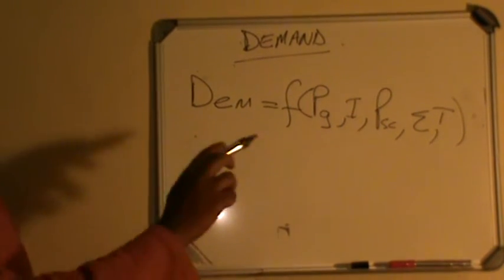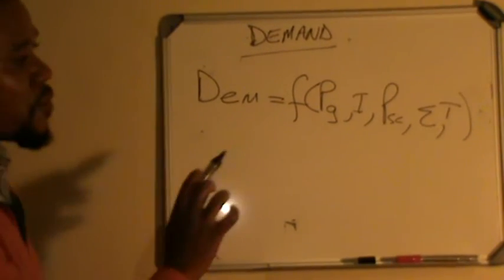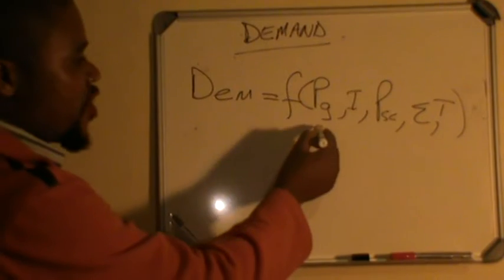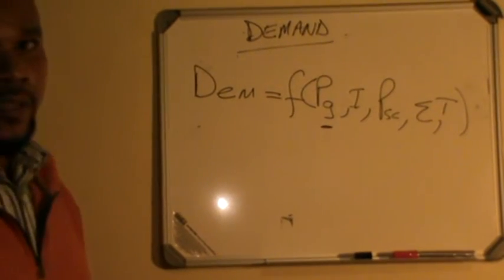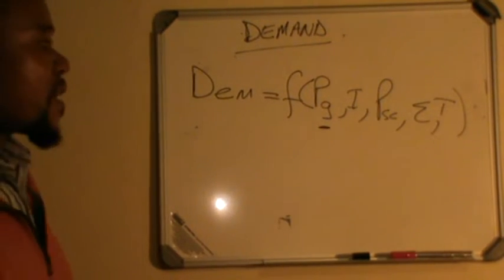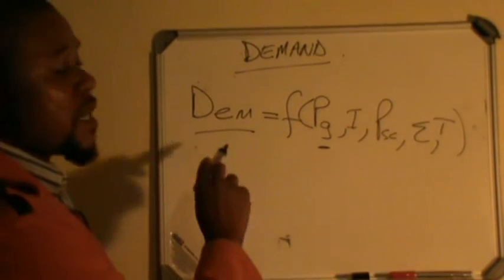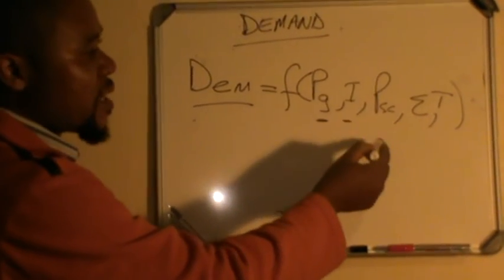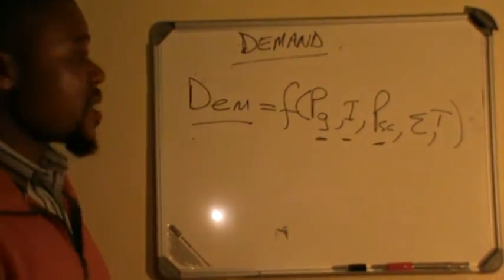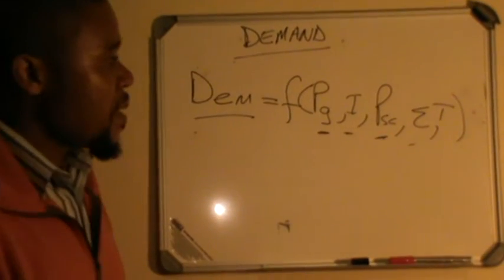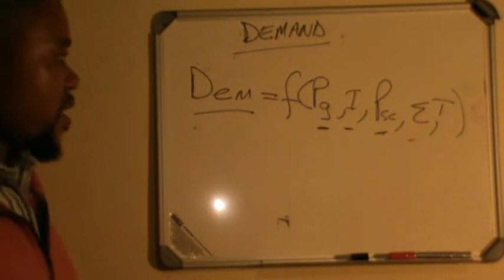All of these factors have a different effect. You'll see later on that a change in the price of a particular good has a different effect on demand as opposed to a change in income, a change in those prices, and a change in expectations of the future and tastes.